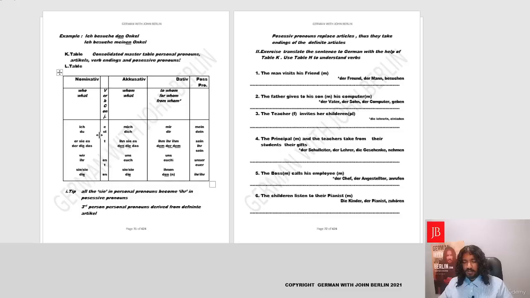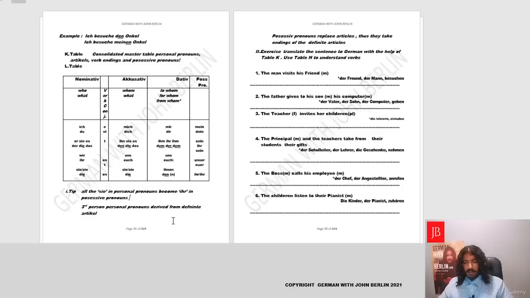So once again, this is a consolidated table. We have added this last column of possessive pronouns. It has your personal pronouns, ich, du, er, sie, es, wir, ihr, sie, sie, your articles from which the third person pronouns are derived, the verb conjugations here, the personal pronouns in accusative and dative, and in the end your possessive pronouns.